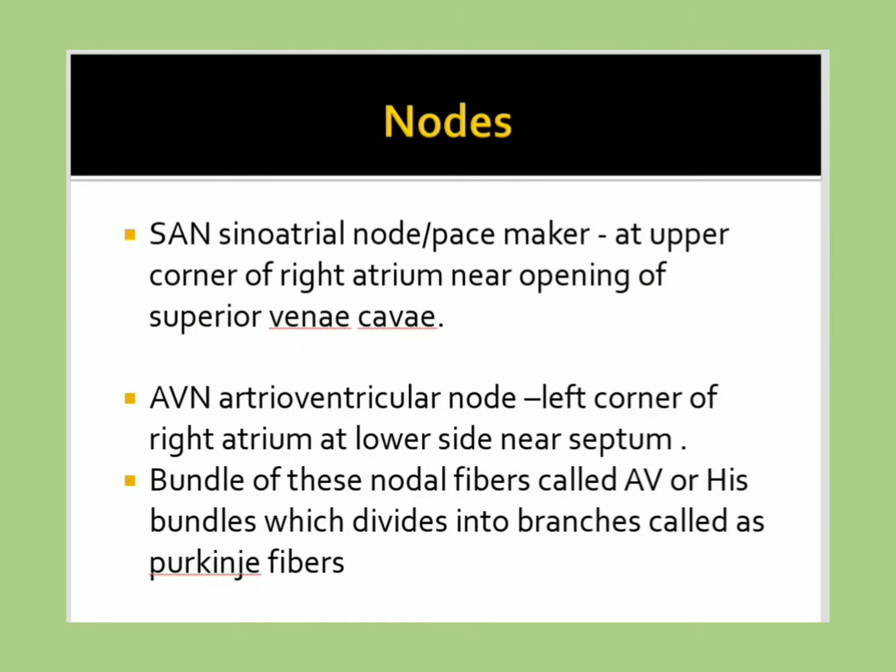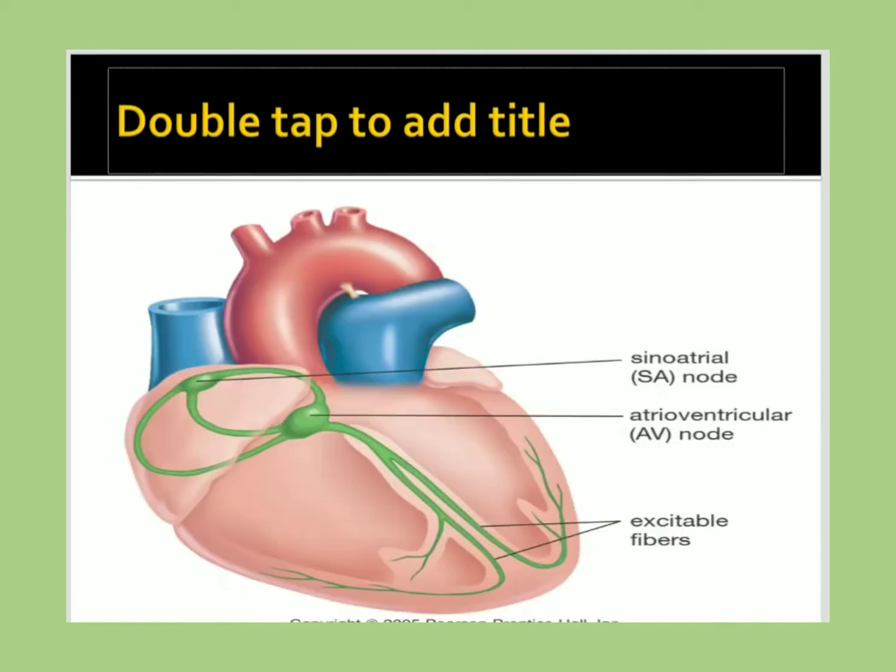Here, if you see the nodes, two nodes are present. The sinoatrial node, or pacemaker, is present at the upper corner of the right atrium near the opening of the superior vena cava. The other one is the atrioventricular node, at the lower left corner of the right atrium near the septum. Bundles of these nodal fibers, called AV or His bundles, divide into branches to form the Purkinje fibers.